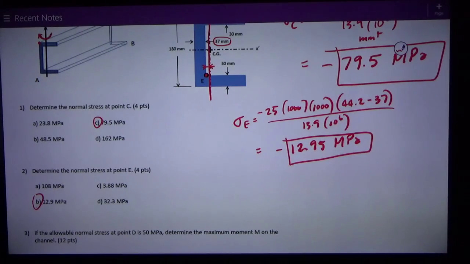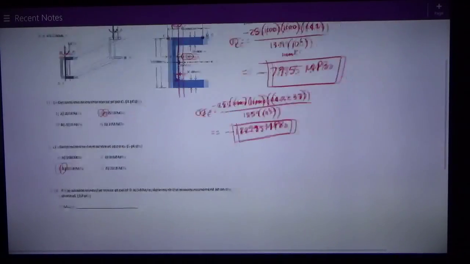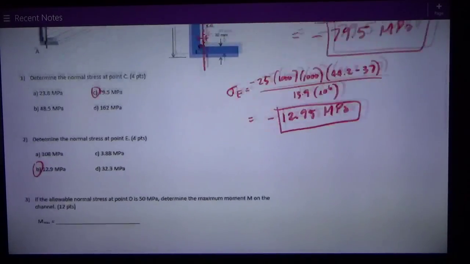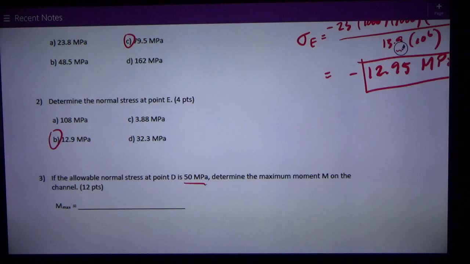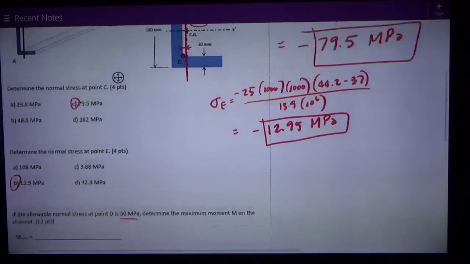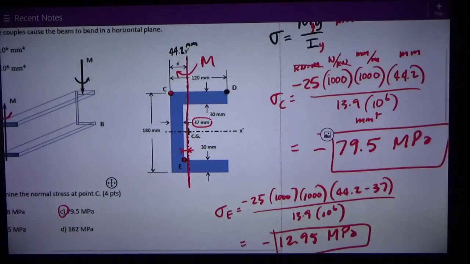Then I'm asked a partial credit question. It says, if the allowable normal stress at point D is 50 megapascals, determine the maximum moment on the channel. Well, I'll still use the same formula, just rearrange it. The thing that matters, one of the main things, is this distance from the neutral axis at point D. I need to calculate that.